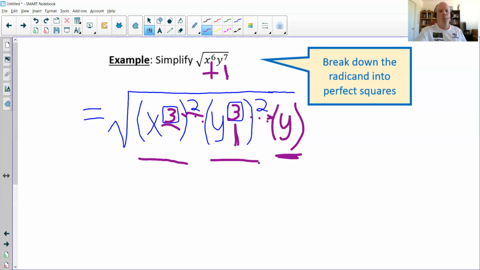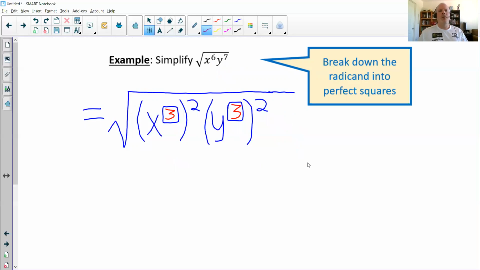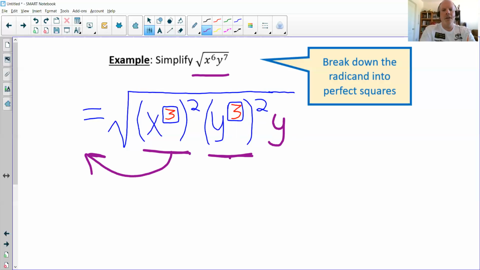So now I have y to the 6th here and y to the 1 here, which gives me y to the 7th. So it will look like this, except we'll add our additional y so that now it's equivalent to the original radical expression. So now what happens is we have a perfect square here. We have a perfect square here. Both of these will come out of the radical.